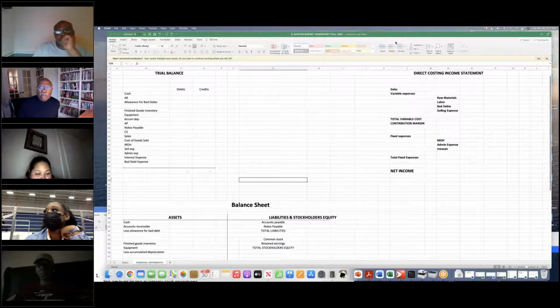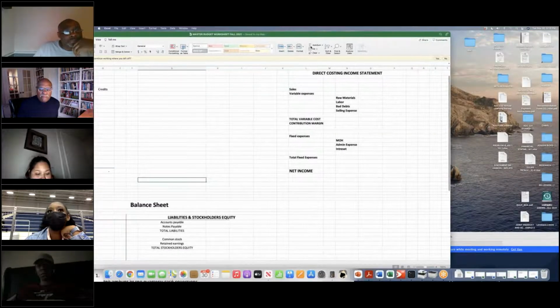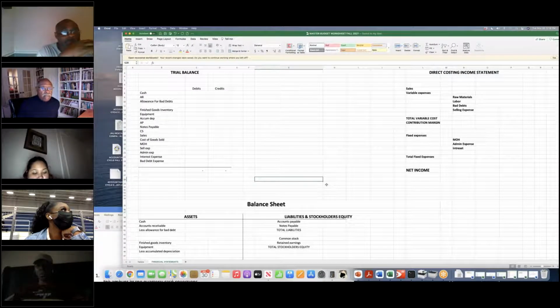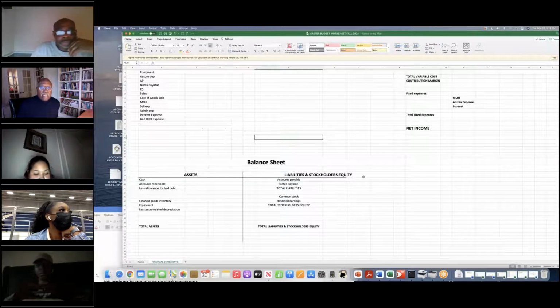We'll have a direct cost income statement where we look at sales, less variable expenses, contribution margin, less fixed expenses, net income, showing, of course, that we broke even, and then a basic balance sheet: what are our assets and what are our liabilities. So that's the end goal of what we're trying to do.